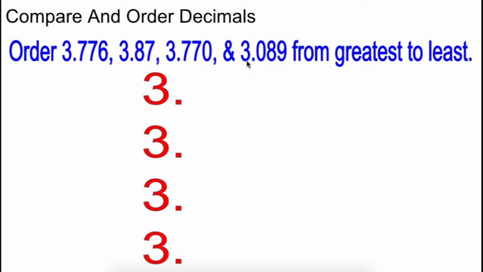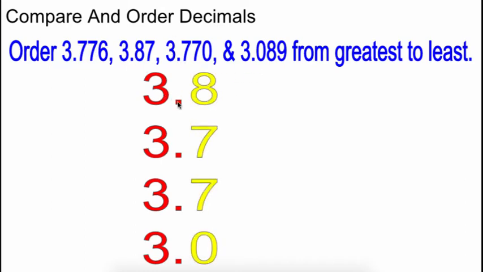We have to move over to the right to the tenths place. We can compare those numbers. So here we have a 7, an 8, a 7, and a 0. Which one of these is the largest? I hope you're thinking the 8 is the largest. We're going to put the 8 at the top, then the 7's below that, and then a 0, just like this.